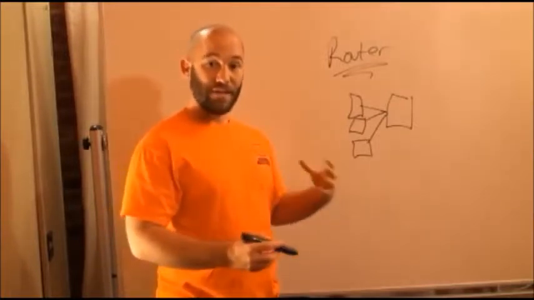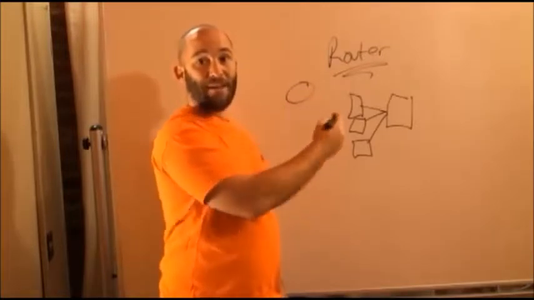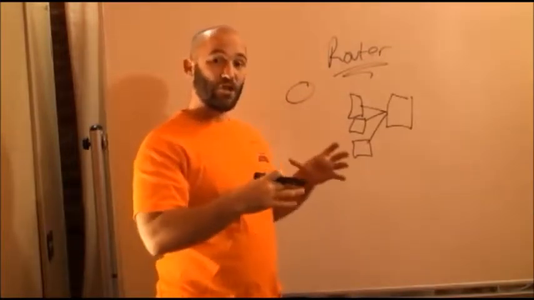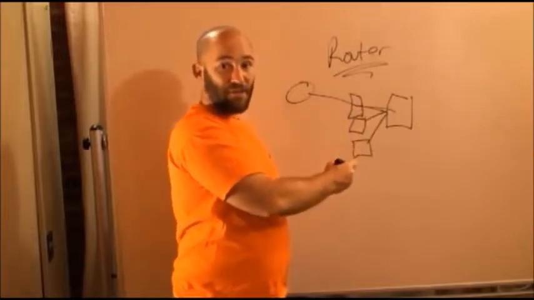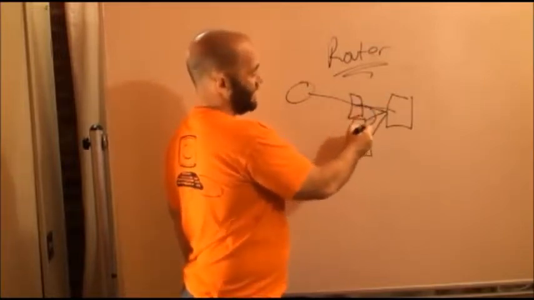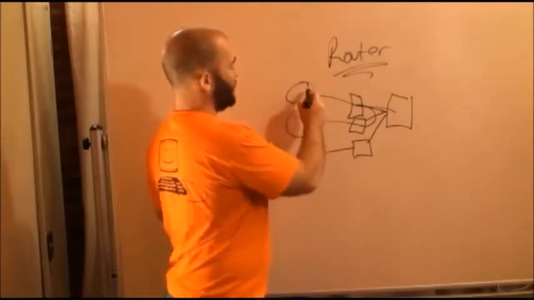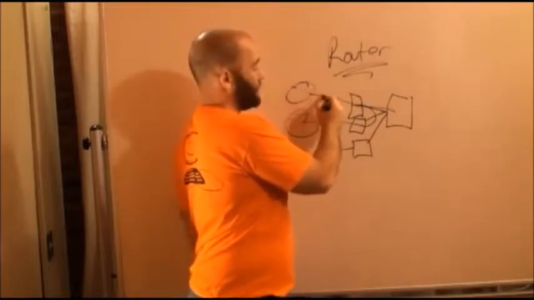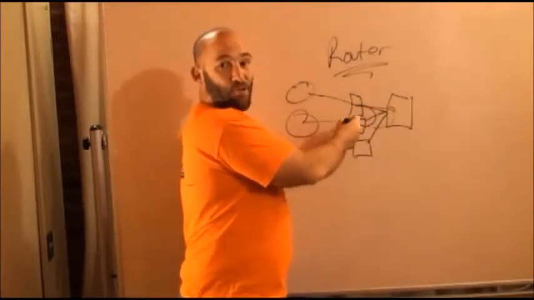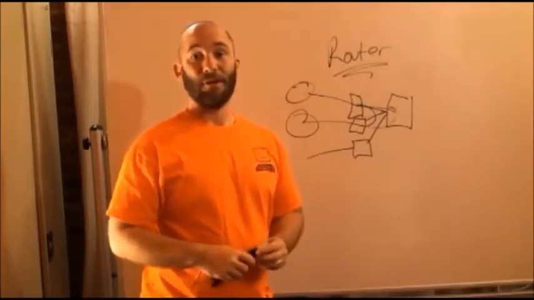This allows each tenant, no matter how many computers they have on their own internal network, to go out through the router and into the internet. But they cannot get into one of the other people's internal networks. You can go out through the router, but you would not be able to loop back in and hack anybody else's network.